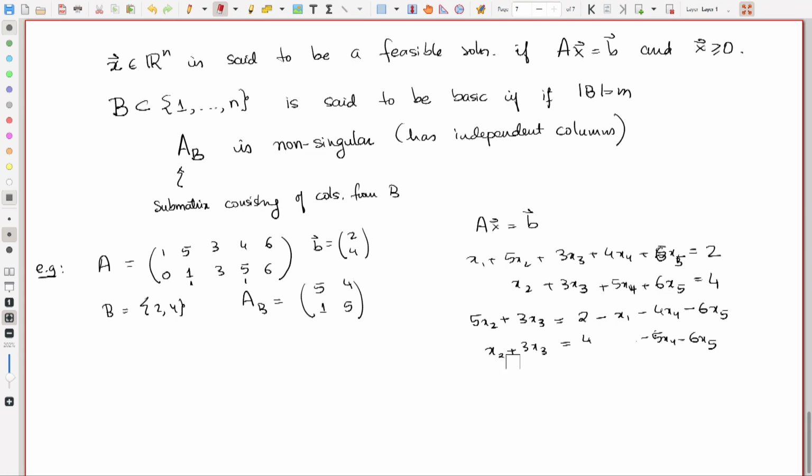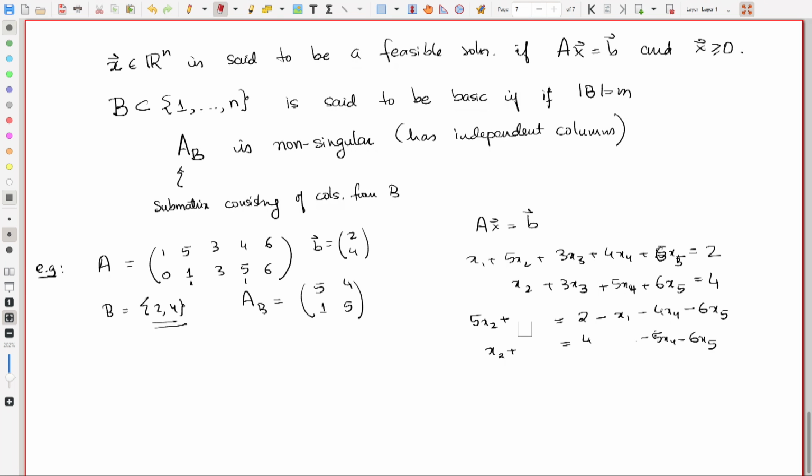Yes, I think here it should be x2 and x4. Oh, 2 and 4, sorry, I changed it to 2 and 3. Yes, 2 and 3 are basic, but there should be some consistency.